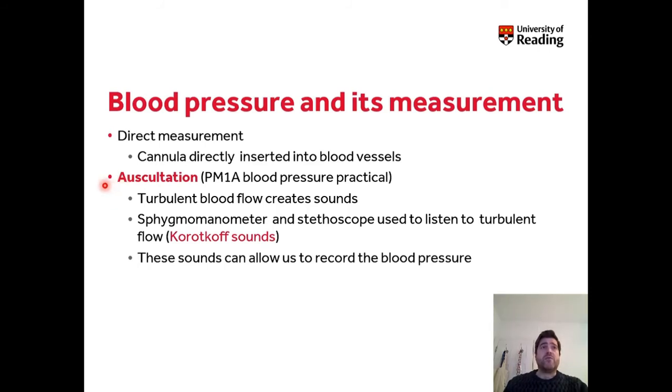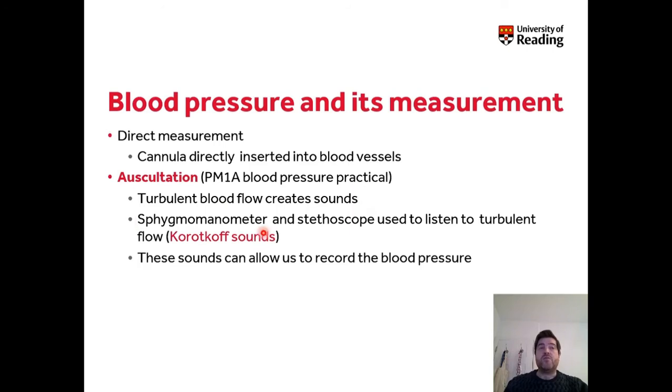What we tend to use is a method, the traditional method, called auscultation. Now there are various mechanisms of auscultation, but this is the one that I'm going to describe here. The blood pressure practical will tell you how blood pressure is actually measured. What was noted many years ago was that when you have turbulent blood flow, it creates sounds.